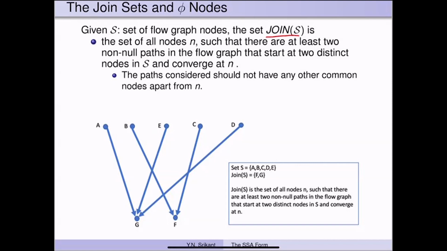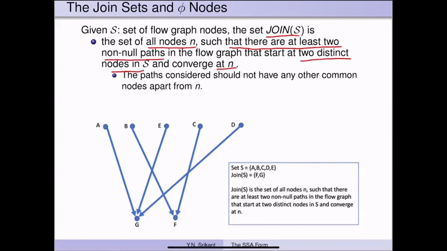So if S is a given set of flow graph nodes, the set join of S is the set of all nodes N such that there are at least two non-null paths in the flow graph that start at two distinct nodes in S and converge at N.